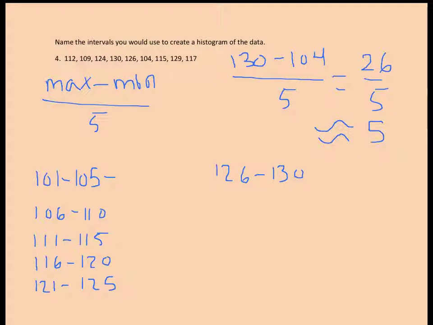Now what we do is we count. How many are between 100 and 105? Well, 1. That's it. How about 106 to 110? 0. Or, well, 1. Between 111 and 115, 2. 116 to 120, 1. 121 to 125, 1. 126 to 130, 3.